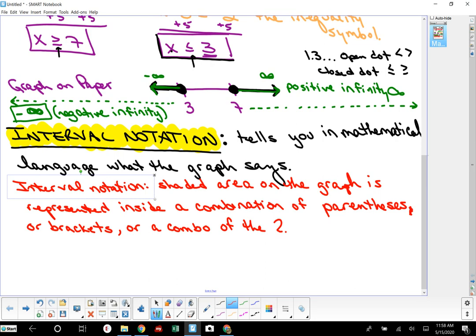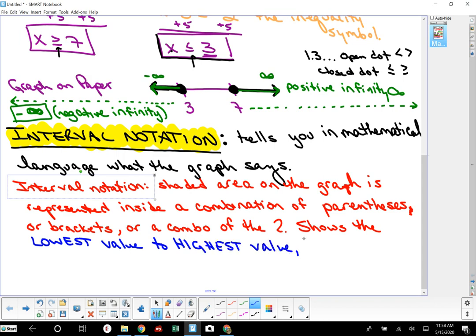What that does is it shows the lowest value to the highest value, and you separate them with a comma. It's kind of hard to come up with words for these sometimes.